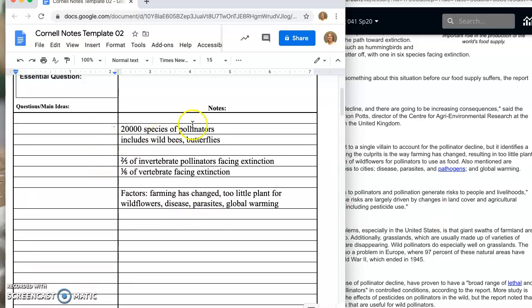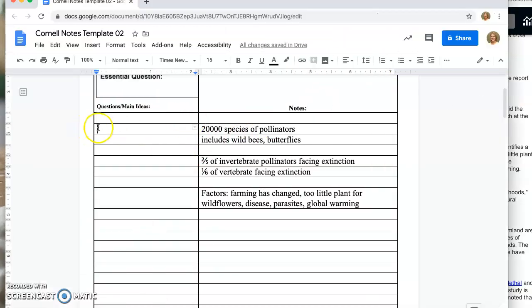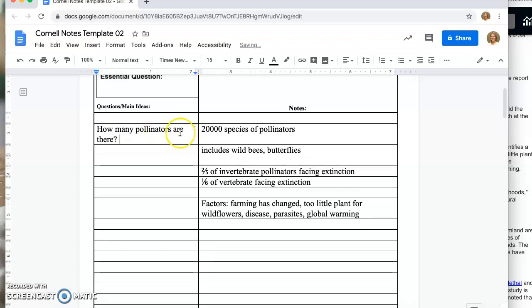The second part of this, after I've taken notes, is to now go through and either form a question or use a main idea. So for this, a question that could be answered: how many pollinators are there? And you might even say, what are they?